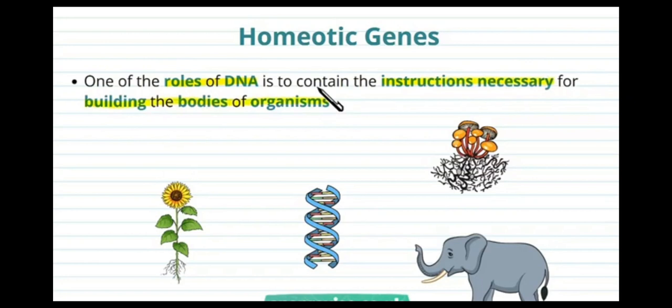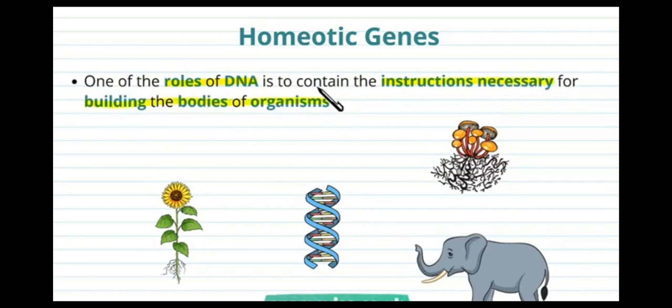Similarly, the head region is provided with appendages like antennae, eye, mouth parts, ocelli. Thoracic region has wings and legs arising from the dorsal as well as ventral surfaces. So we know that all these animals have a certain body plan.